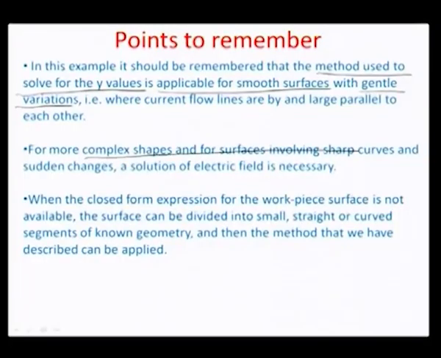So there would be a complication imposed because of the roughness of both the surfaces if it is above a certain value. So for more complex shapes and surfaces, particularly involving sharp curves and sudden changes, this is something you have to look out for.